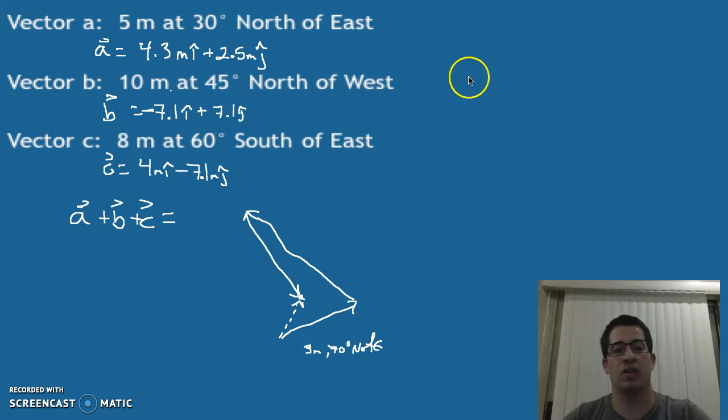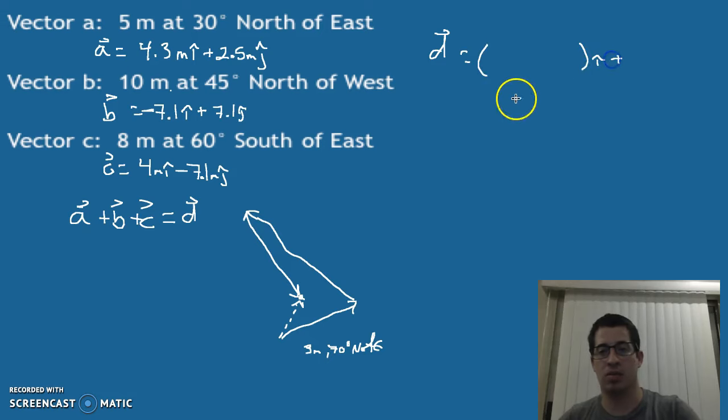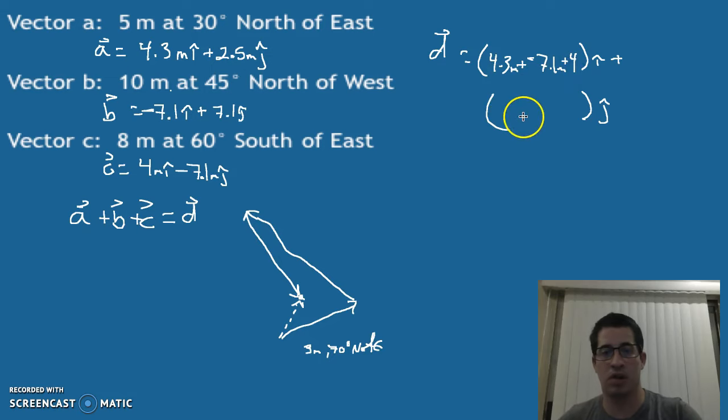So to add A, B, and C, we'll call the sum of them vector D. Vector D would be equivalent to the sum of all the i components plus the sum of all the j components. So that'd be 4.3 plus negative 7.1 plus 4, and then over here it's going to be the j components, so 2.5 meters plus 7.1 meters minus 7.1 meters.